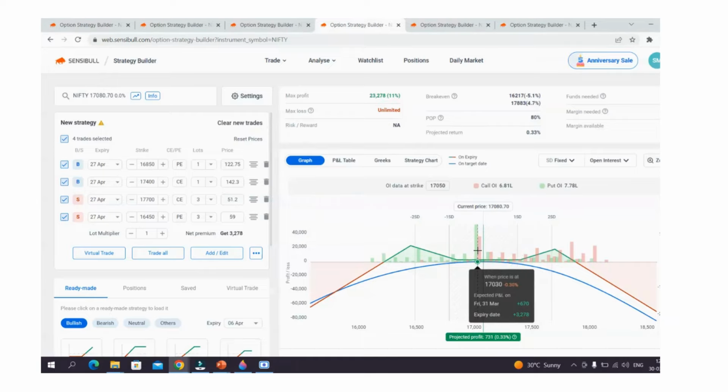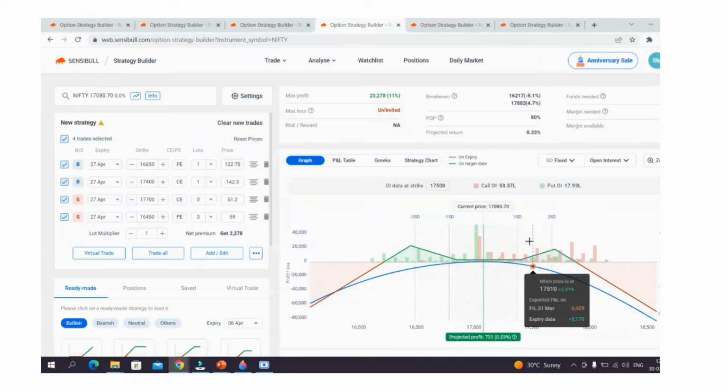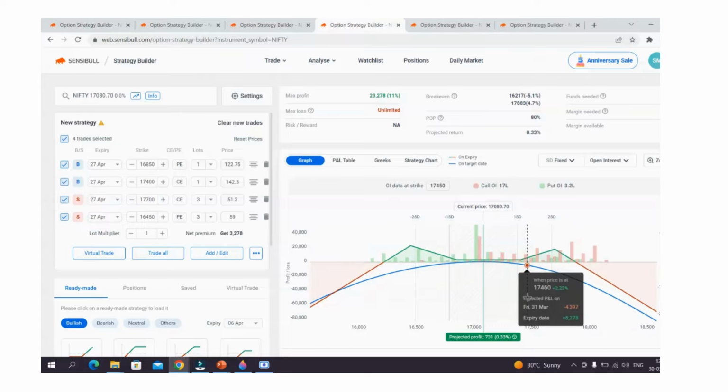There are some other reasons also, but these two are the strong reasons why you go for double ratio spread, and you will get a very good range and very good probability to gain the profit in this double ratio spread. I've done it multiple times, and it very rarely fails. Most of the time you gain the profit.